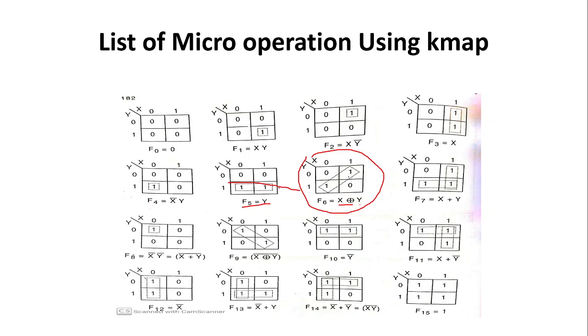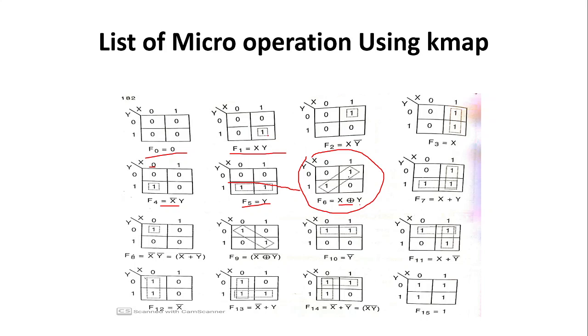We just have to see the common element and create the Boolean expression. Here the common element is x dash, because x dash and y. So the expression for f4 is x dash and y. Here there is no common element, there is no 1, so f0 is equal to 0.